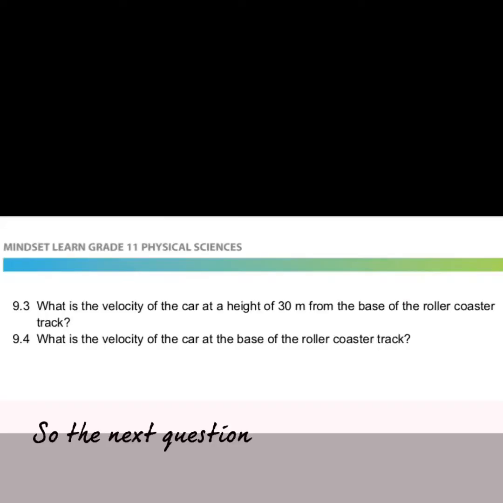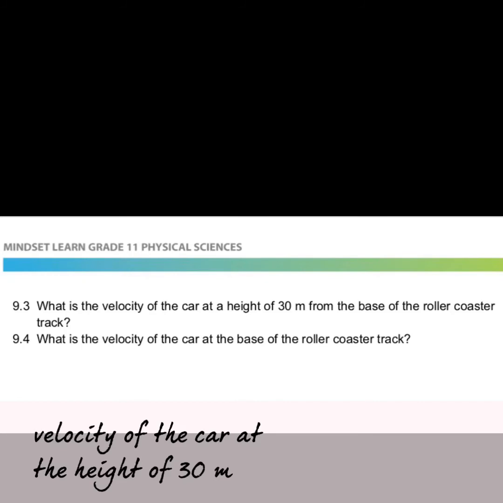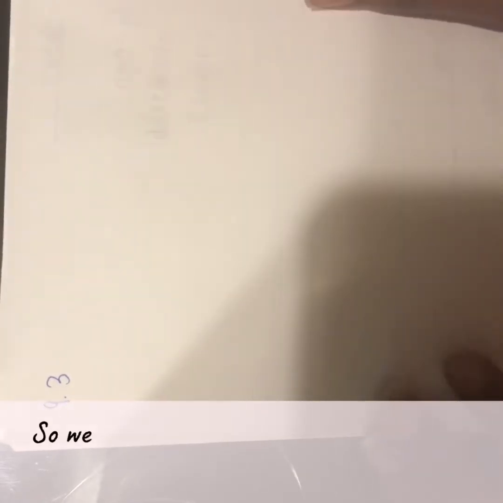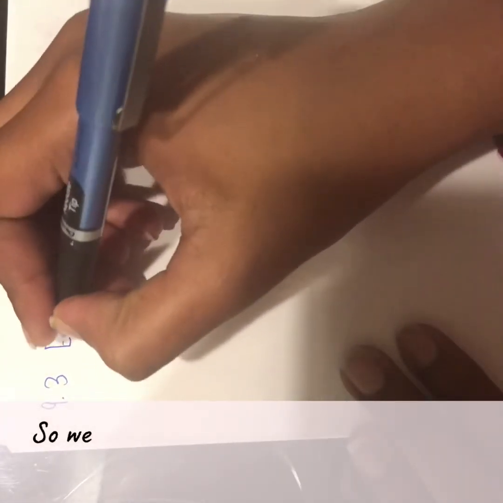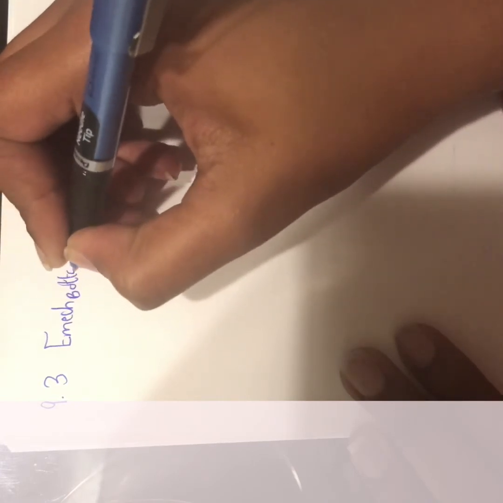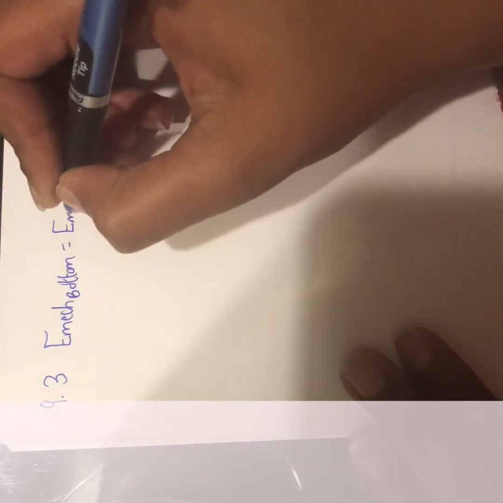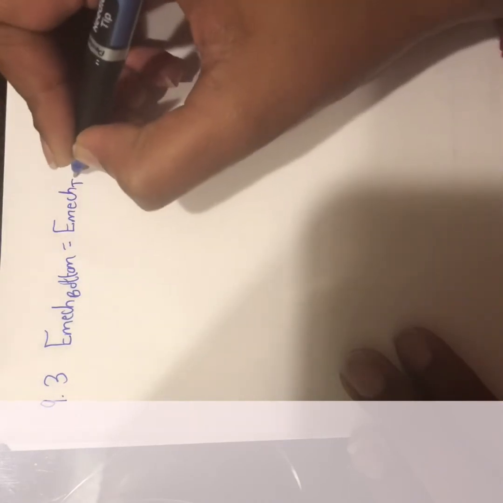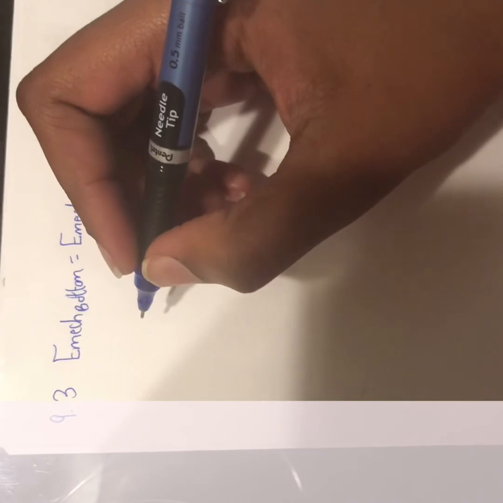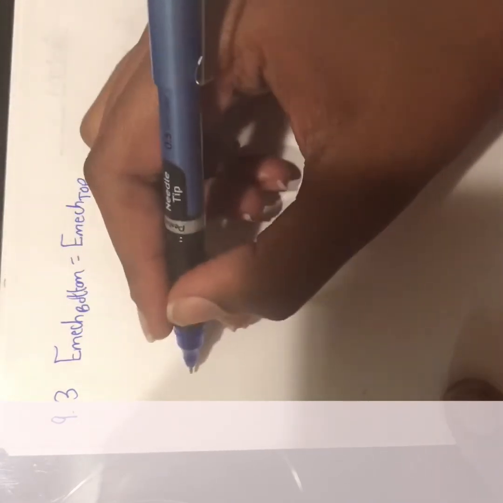So the next question asks, what is the velocity of the car at the height of 30 meters from the base of the roller coaster track? We have agreed with the previous question that the mechanical energy at the bottom will be equal to the mechanical energy at the top. What we're trying to find is the velocity now that it moved to 30 meters.